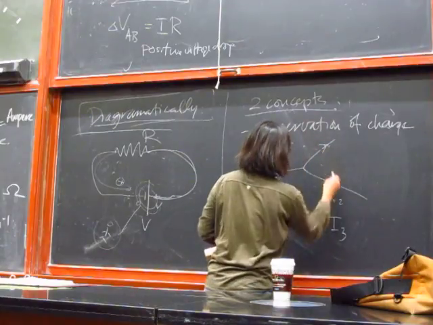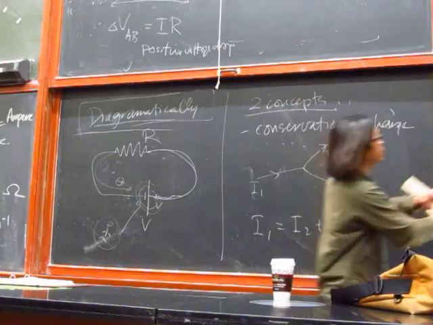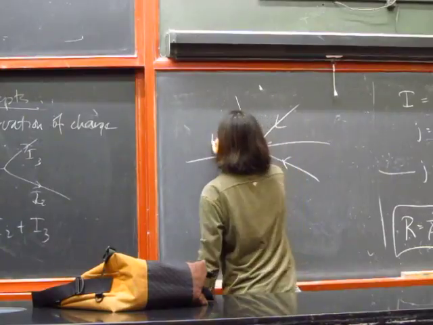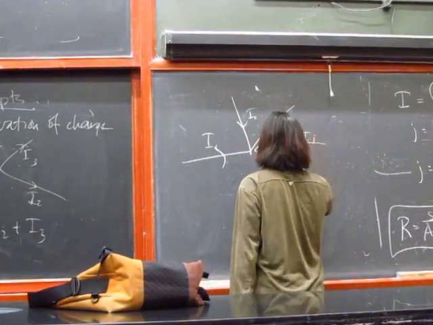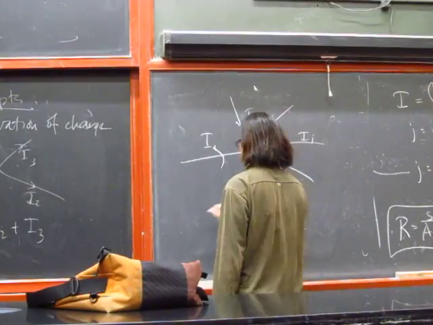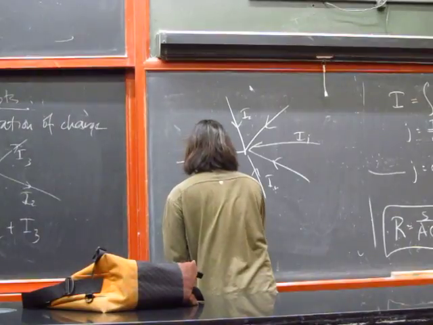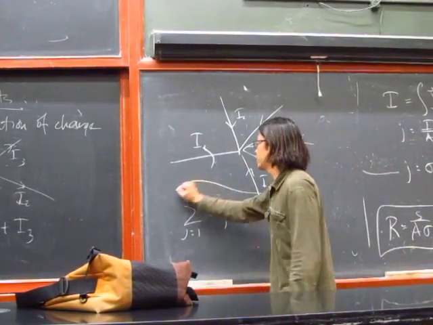Let me change this. In general, if I have currents all flowing into a node, I1, I2, Ij, In, then the sum of Ij, j from 1 to n, has to be equal to 0.